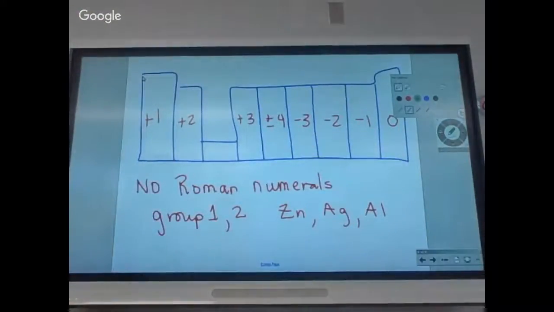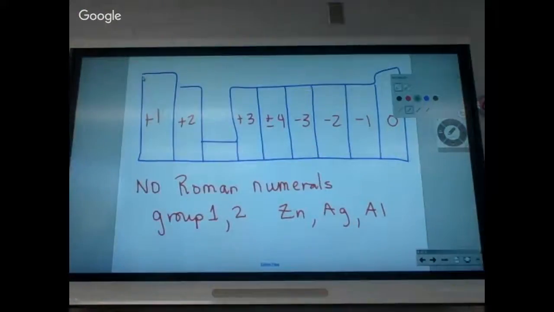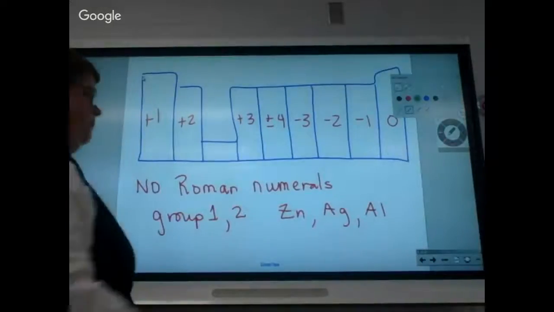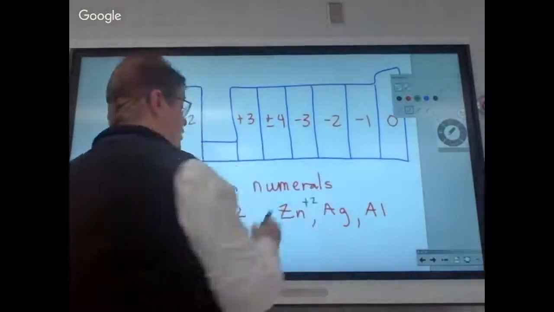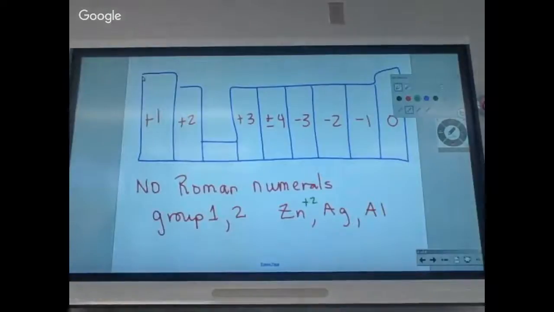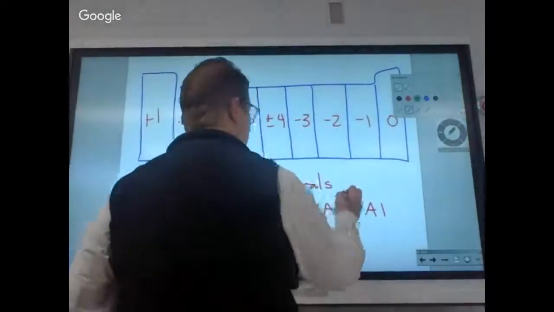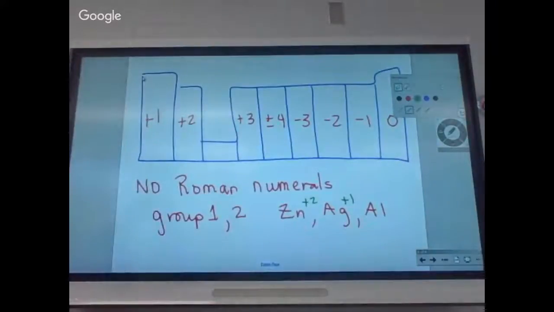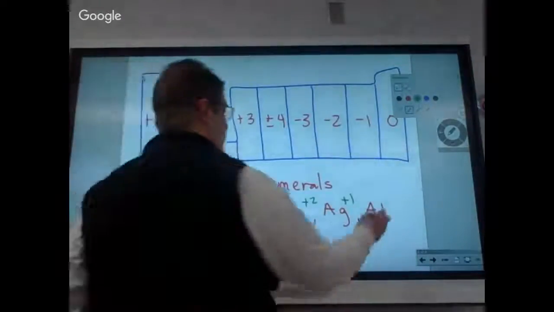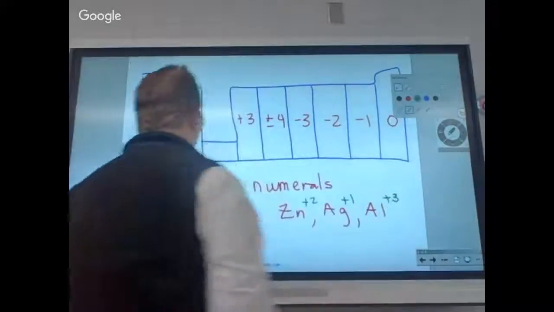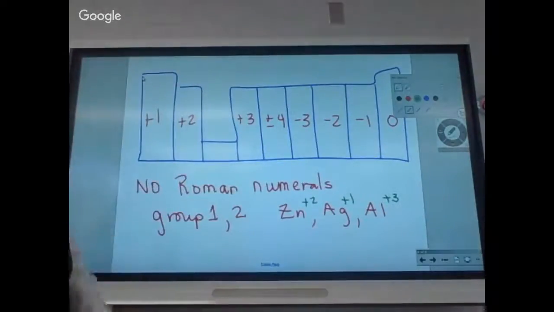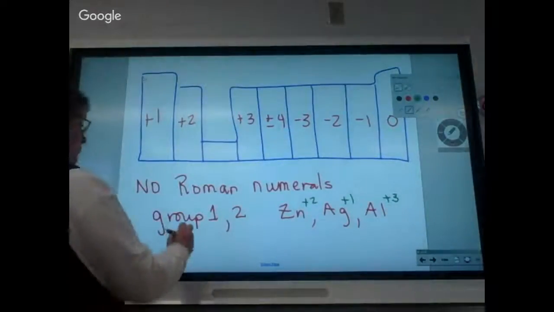Who remembers zinc's oxidation number? It's +2. Now, silver's is what? Jada? That's the one. All right. And aluminum's is +3. Okay. Group 1 is always what? It's always +1.